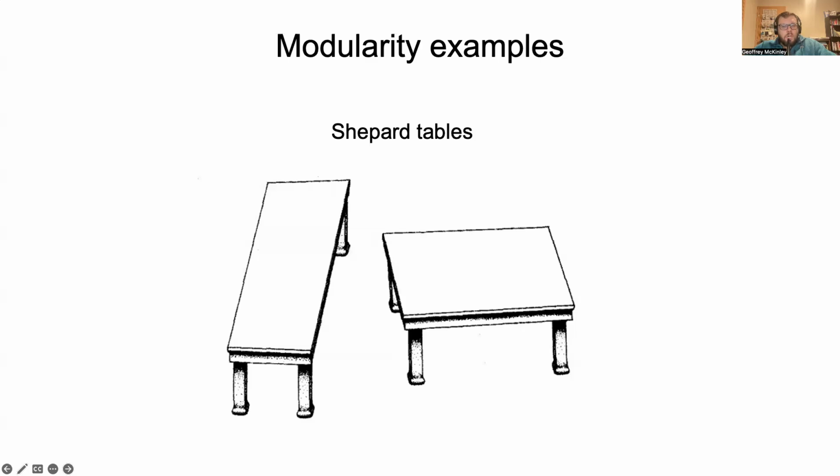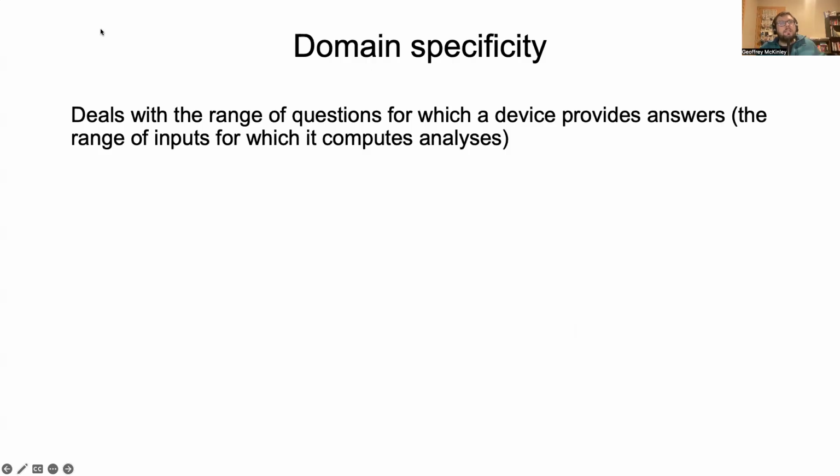Okay, so now we're going to talk about domain specificity. All right. And again, this domain specificity deals with the range of questions for which a device provides answers, right? So it's the range of inputs for which it computes analyses.